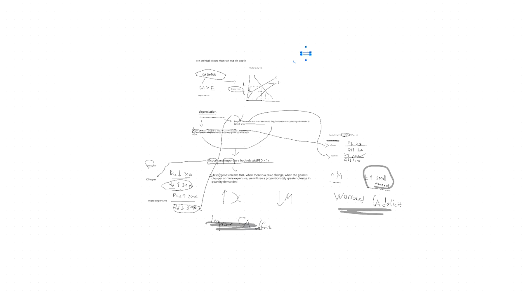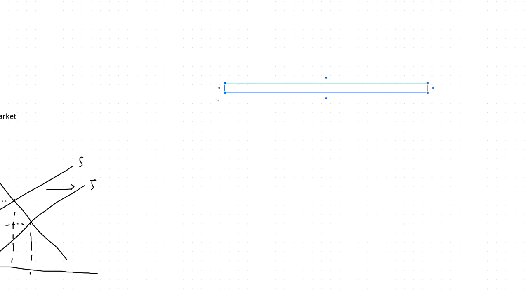The Marshall-Lerner condition states that a depreciation will only lead to an improved current account deficit if the price elasticity of demand of import plus the PED of export is greater than 1.